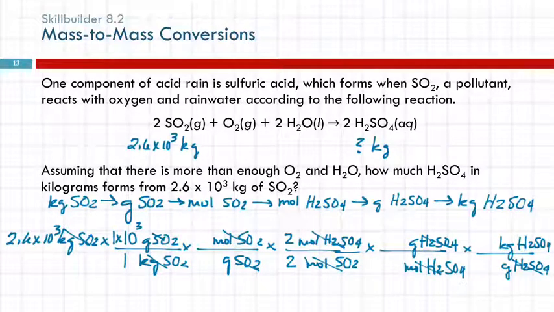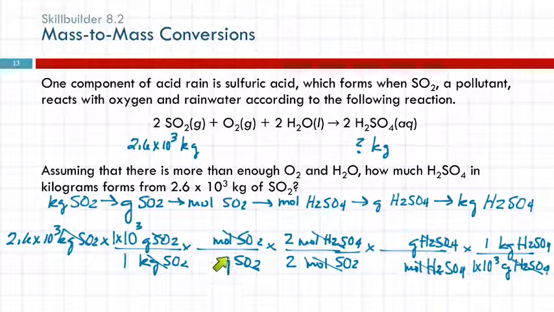I've got another conversion like that over here, but I've got kilo on top, so this time 10 to the 3 goes in the bottom. 1 kilogram is 1 times 10 to the third grams. You might also recognize that those numbers are going to cancel themselves out. If you recognize that, fine, do it. If you don't, punch it through on your calculator and it'll take care of itself.